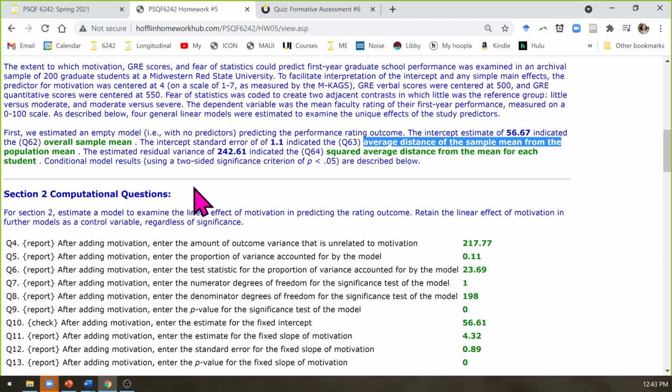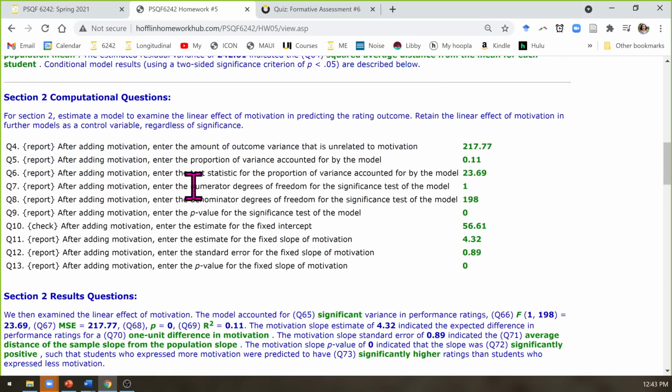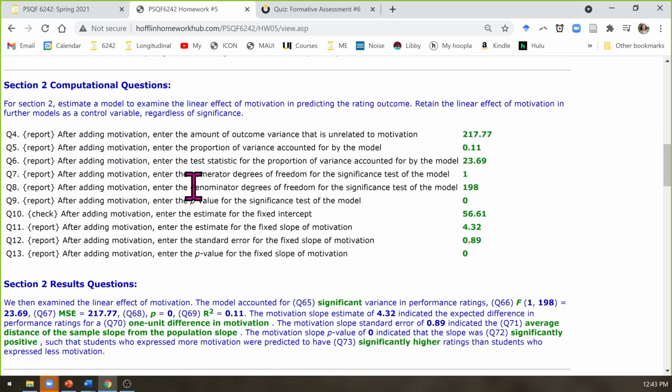No? All right. So then changing up the vocabulary a little bit, as you noted, the amount of outcome variance that is unrelated to motivation. So in step 2, you were asked to put in the fixed slope for motivation to kick ass in graduate school. So that then is controlled for by being in the model, and the residual variance describes the amount of variability that's left.